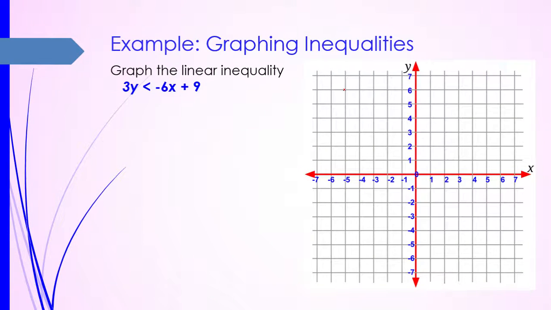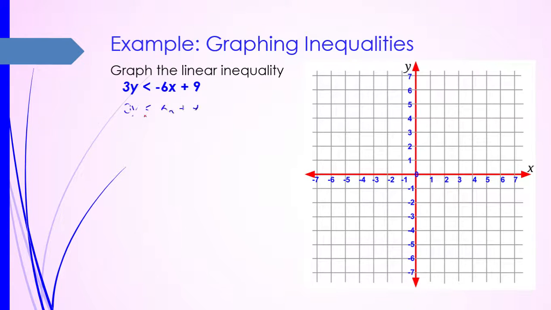So now we're actually going to graph. Here's an example. Graph the linear inequality 3y is less than negative 6x plus 9. So before we can actually graph it, we want to make sure it is in slope-intercept form. As you can tell, there's one thing stopping it from being in slope-intercept form, and that is the 3.